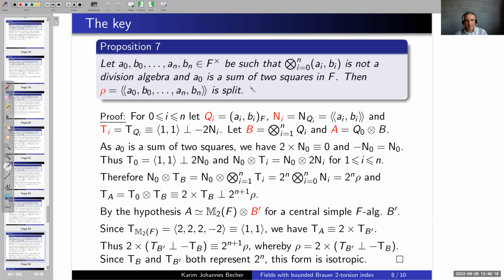That's the whole thing. So I have a couple of minutes, I hope, to summarize the conclusions of this calculation made here. Now, in terms of the relation of how big can tensor products of quaternion algebras be, and how big can non-trivial Pfister forms be.